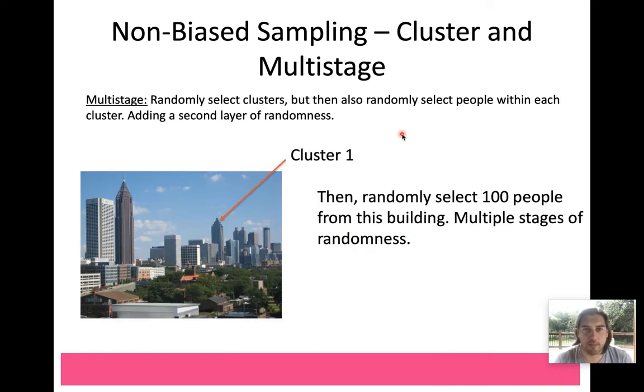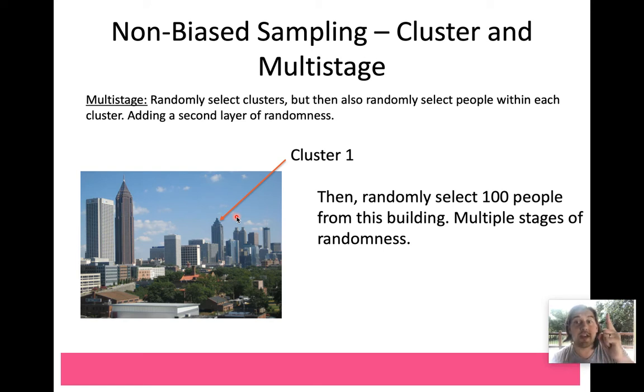Multistage sampling takes cluster sampling. It doesn't change cluster sampling. It just adds a second layer of randomness. So if we continue with our building example, let's say that we randomly selected this building from downtown Atlanta. That's our first cluster. So, randomness number 1, this building was randomly selected from all the other buildings.